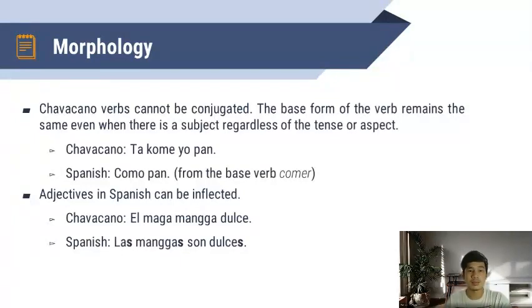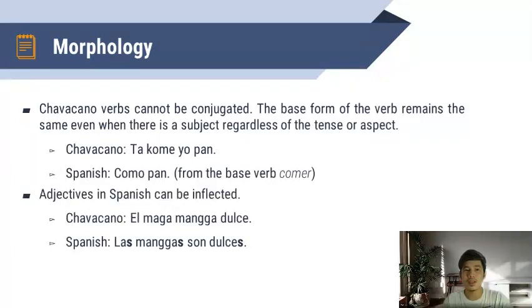Notice that the adjective dulce in Spanish construction is inflected, meaning that it has a suffix s. So in Chavacano, we just say dulce, but in Spanish, it is said as dulces, if, of course, the noun that it modifies is plural in form.